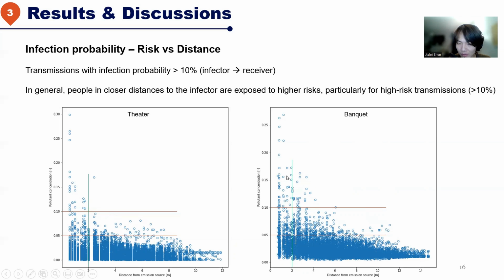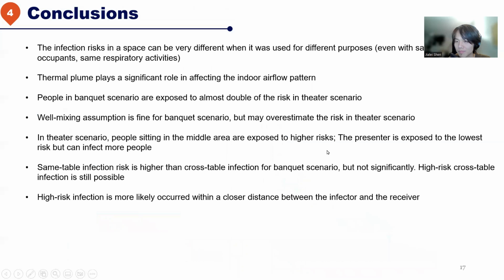But for the banquet scenario, the 2-meter restriction may not work very well. Even for people who are sitting beyond 2 meters, the infection risk can still be very high. I guess it's because the air in the banquet scenario is more mixed.